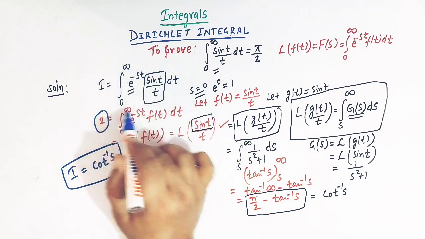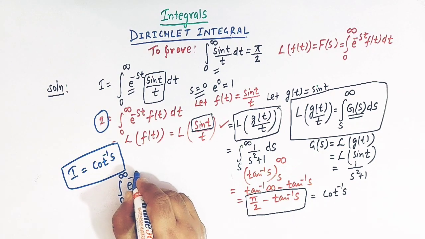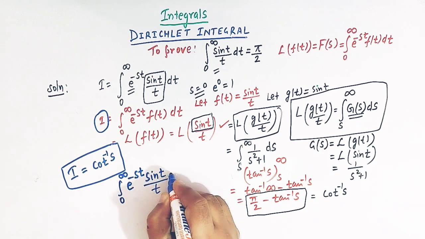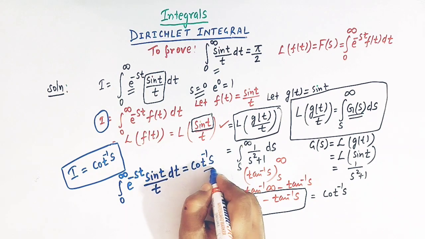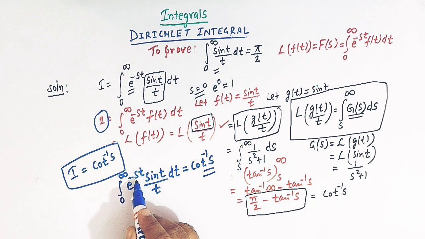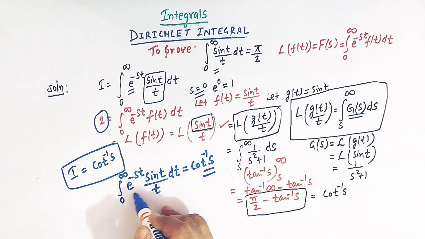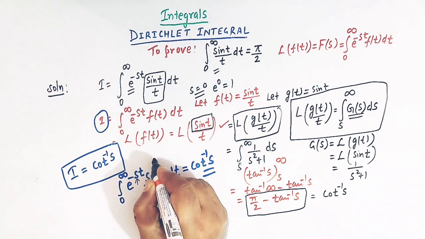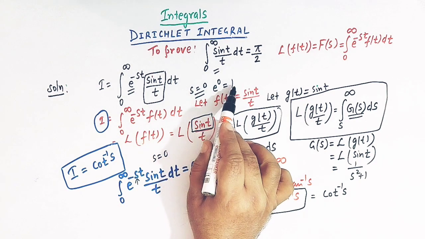So the value of this integral, that is 0 to infinity e raised to minus st, sine of t over t dt, is equal to cot inverse of s, right? So when we take s is equal to 0, then e raised to 0 becomes 1.